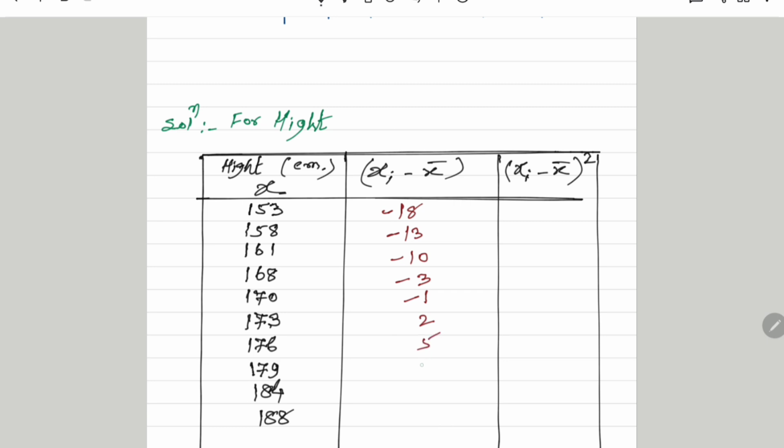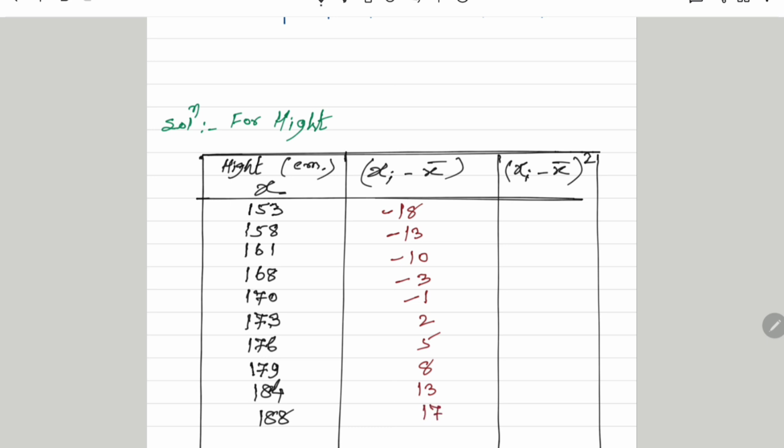Next, 179 minus 171, 8. 184 minus 171, 13. And the last, 188 minus 171, we get 17.